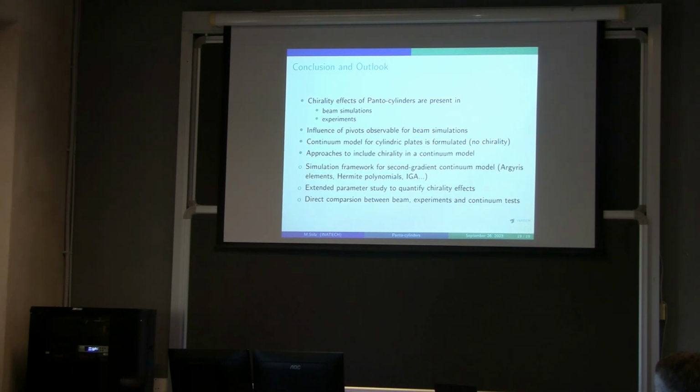What follows then is an extended parameter study to quantify these chirality effects and maybe find some configurations that have even stronger, more prominent and interesting effects. I think this is only really viable if I have a continuum formulation. And then further, of course, a direct comparison between the beam experiments and continuum tests. Okay, thank you for your attention.